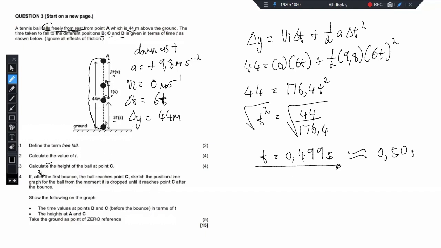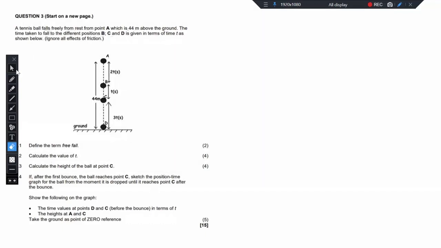Right, so which brings us to this point, 3.3. It says calculate the height of the ball at point C, right? At point C. Now you will realize that this is from A to C, and if we add 2t and t, this will give us a total of 3t, right?